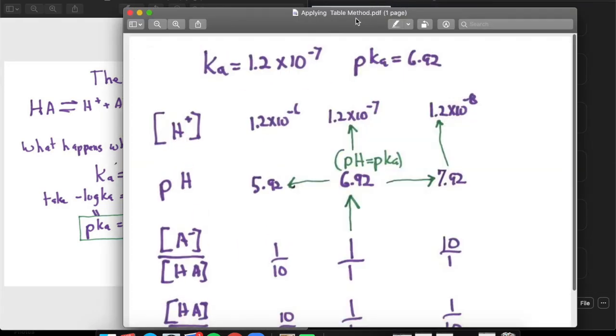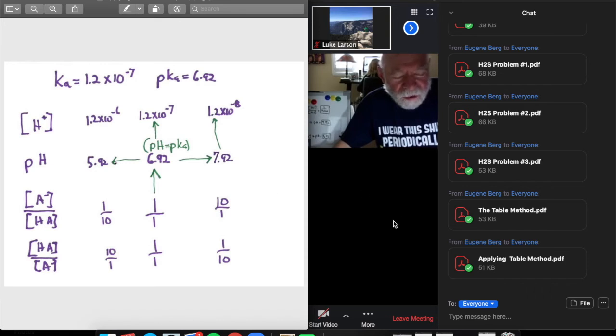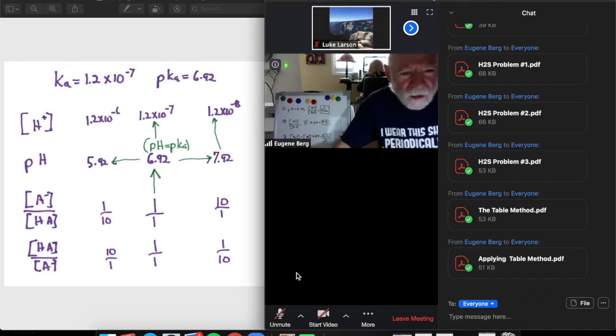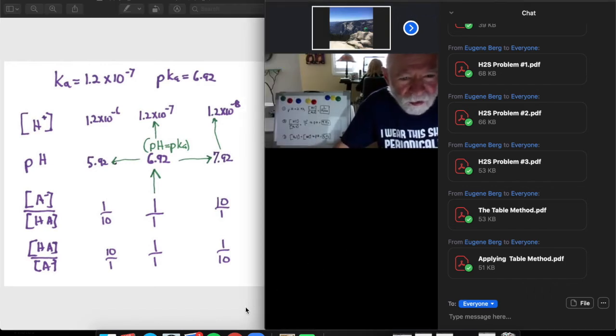You see all this chart okay? Okay, now I'm going back to our particular problem where the K sub A was given as 1.2 times 10 to the minus 7. Now, if you take the minus log of that on your calculator, you get a pK sub A of 6.92. Now, when you first start the table method, you want to have 4 rows: hydrogen concentration, pH, ratio of base to acid, and acid to base.